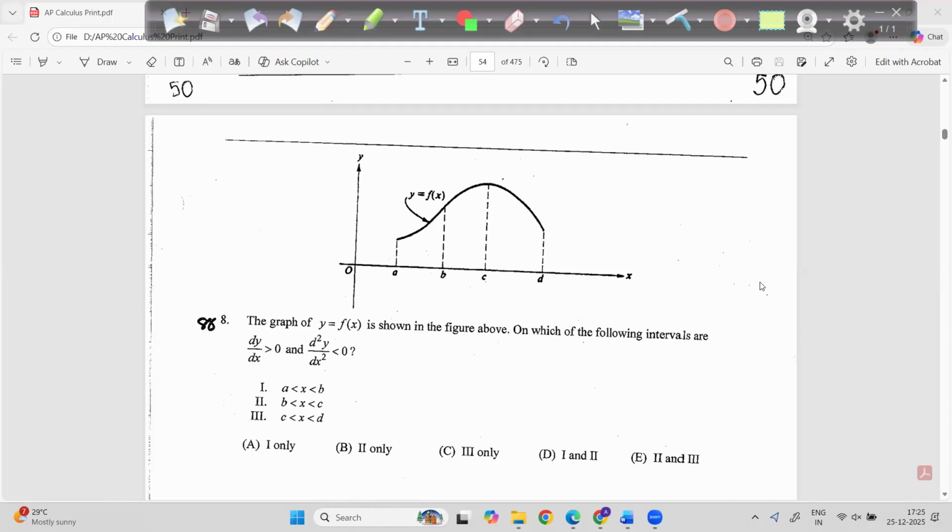Sir, two. B less than x less than C. Yes, that is Lokesh's answer. Sushant and Ramcharan, you also give me your answer.